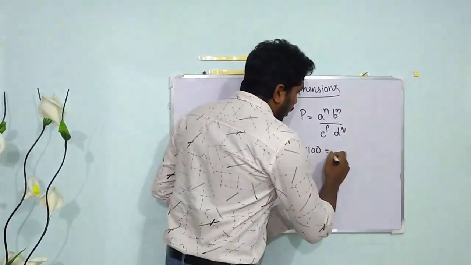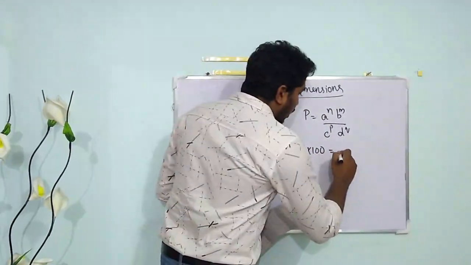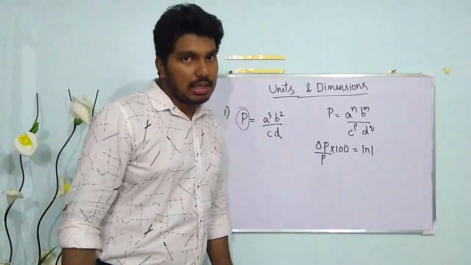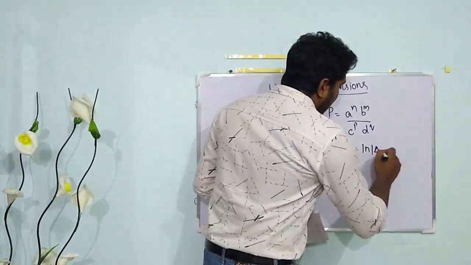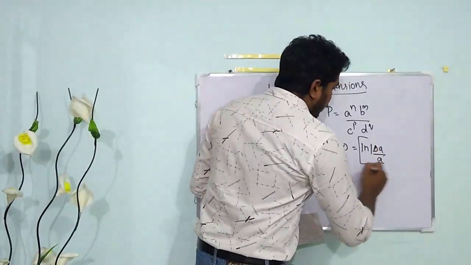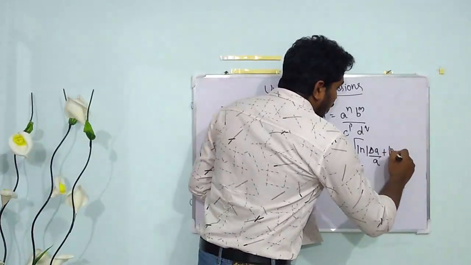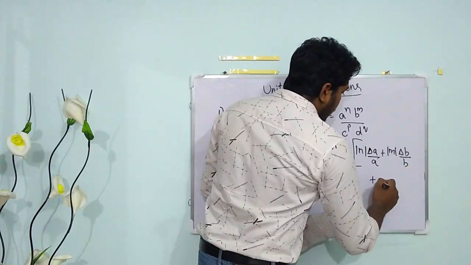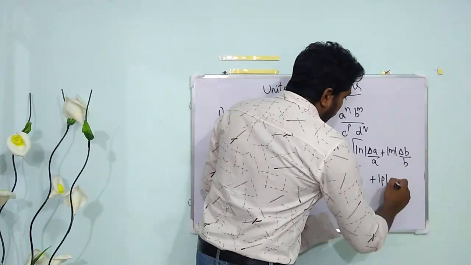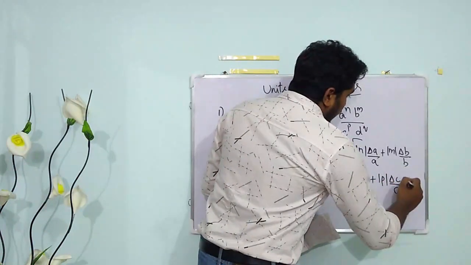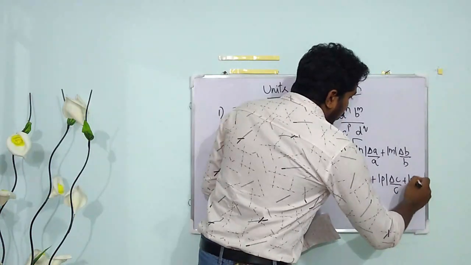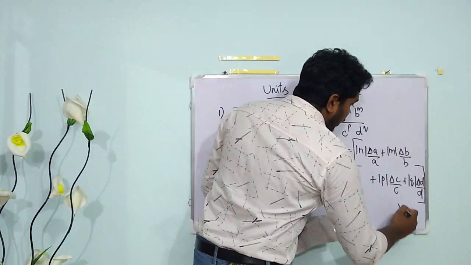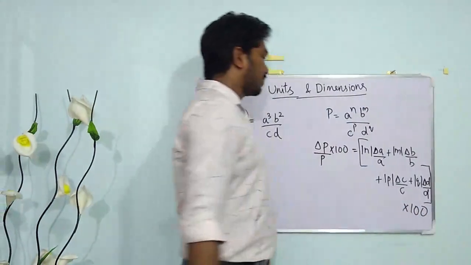This should be equal to, and the next point is very important, the magnitude of the power of A into delta A by A, plus magnitude of M into delta B by B, plus magnitude of P into delta C by C, plus magnitude of Q into delta D by D. Don't forget into 100.